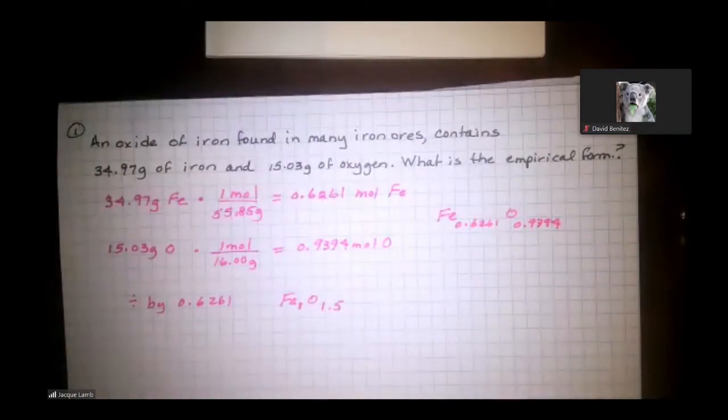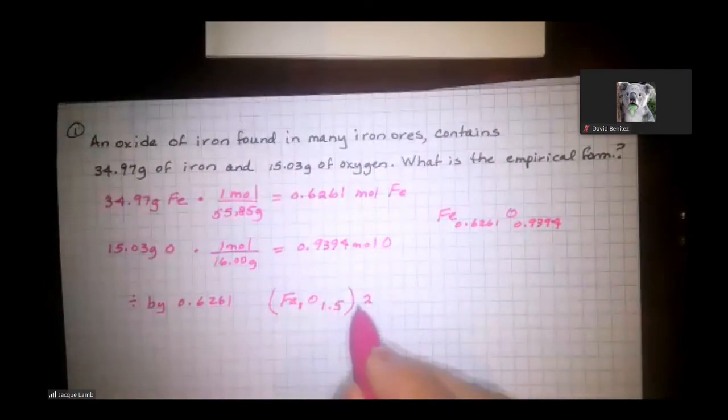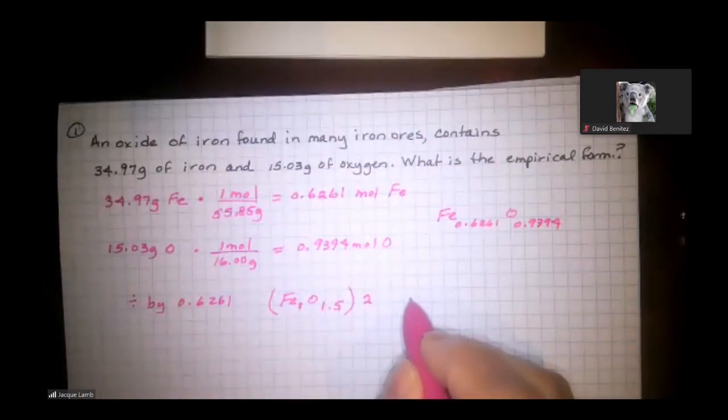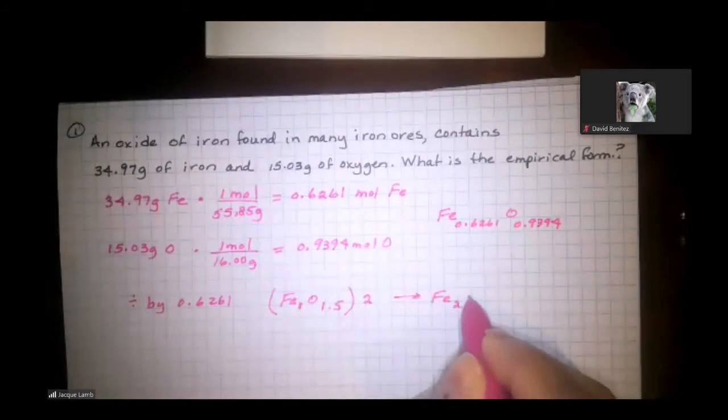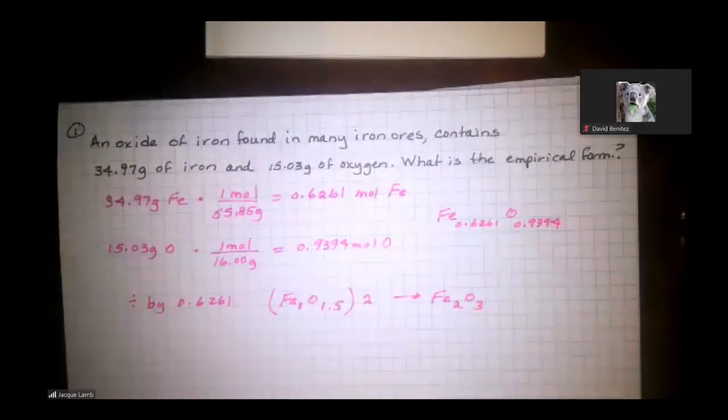So I've improved my fractions a little bit, but I still don't have whole numbers. But I notice that this is actually 3/2, so I can multiply this whole thing by 2 to clear that fraction. And that gives me Fe2O3. You have to learn to recognize common fractions.